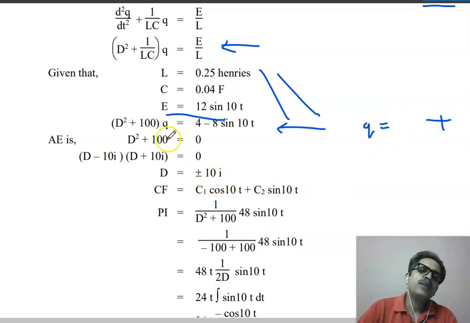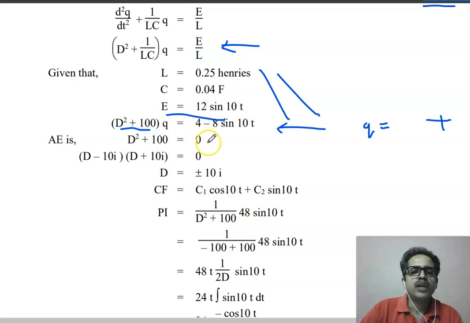To find CF we have to equate phi D to 0 and apply the formula a square plus b square. The factors are a minus ib, a plus ib. We have obtained the roots, and the roots are imaginary and distinct, so this will be CF, using arbitrary constants C1 and C2 and the variable t.